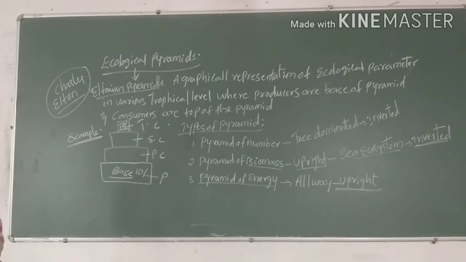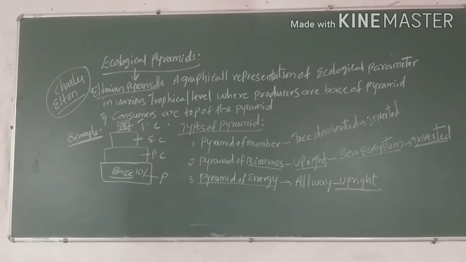And coming lastly to the limitations of ecological pyramids. In each trophic level, the same ecosystem will be occupied by species of different trophic levels.